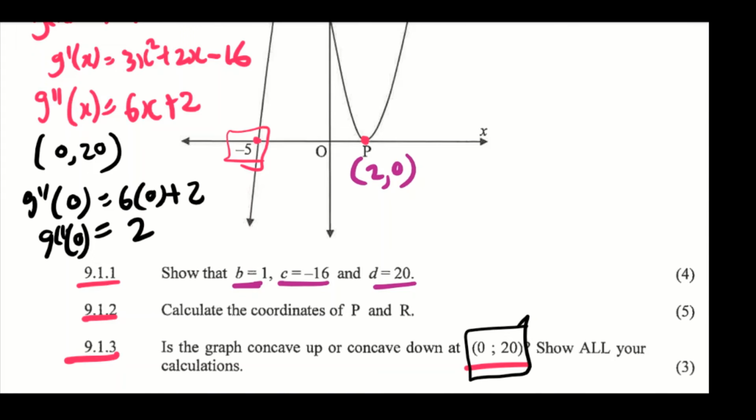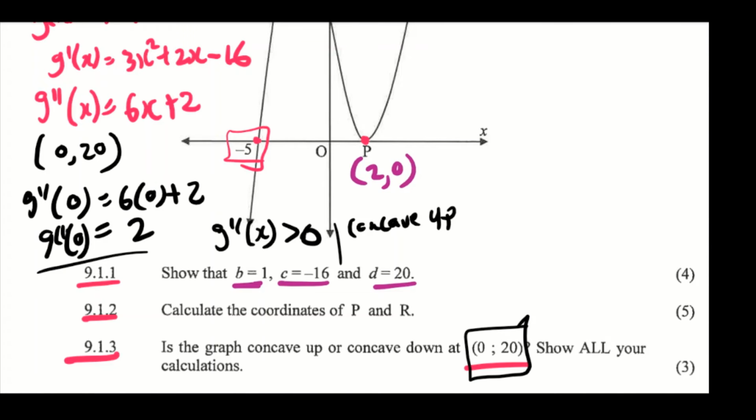So what I need you to note is this. When the second derivative is greater than 0, it means that your cubic function is concave up, right? It defines the concavity of the function.